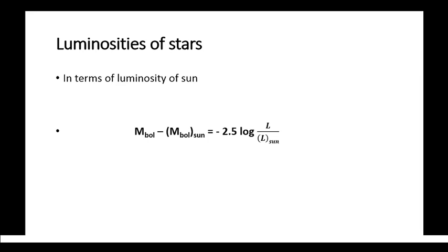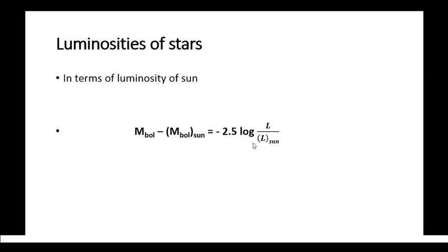Now we had luminosity of a star. We had already discussed luminosity and we had derived the equation L is equal to 4 pi r square sigma T raised to 4. Here we are calculating the luminosity of a star in terms of luminosity of sun. See, L sun is the luminosity of sun and M bol of sun is the absolute bolometric magnitude of the sun. And we are measuring the luminosity of another star having luminosity value capital L and absolute bolometric magnitude M bol.